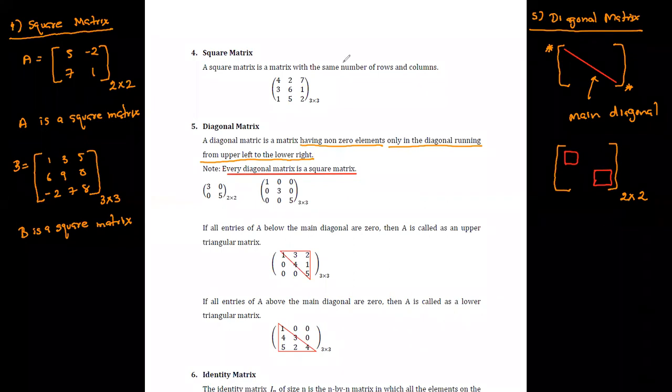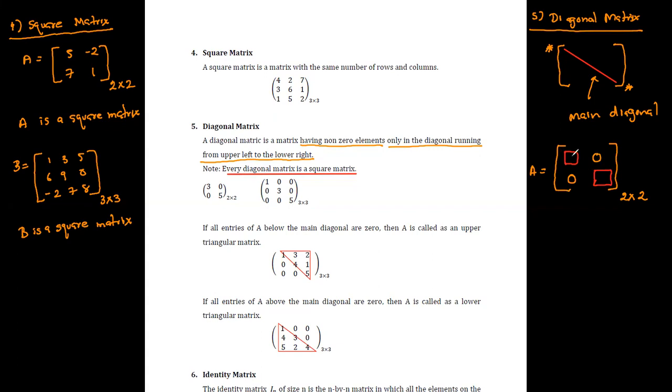Apart from the elements on the main diagonal, others should be equal to 0. Therefore, if you see 2 zeros here, and you let this be the matrix A, with 1 and 2 on the diagonal, then we can say that A is a diagonal matrix.